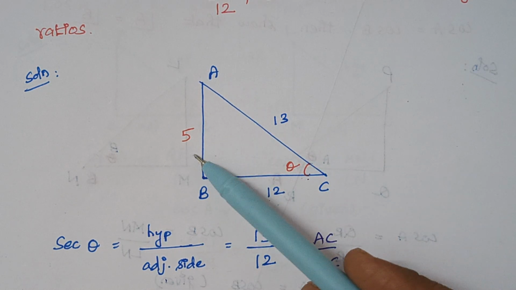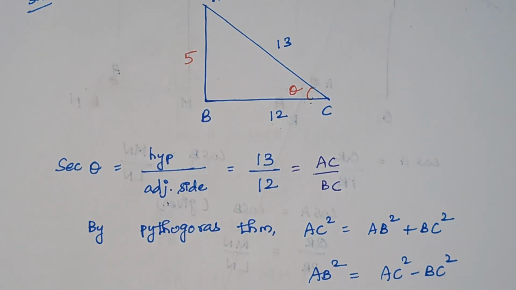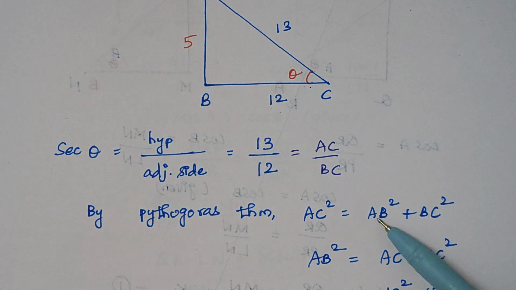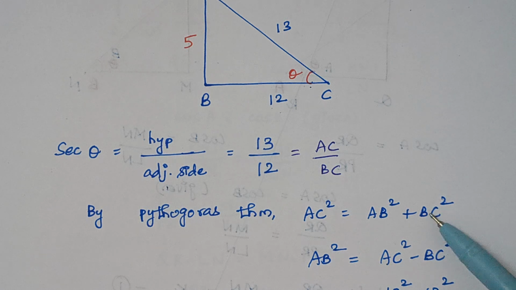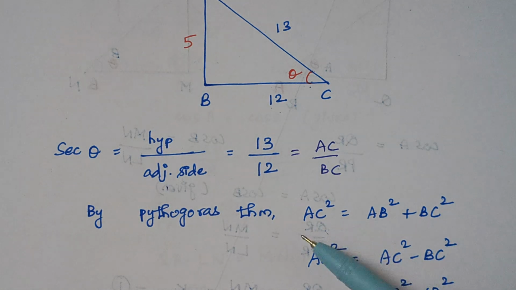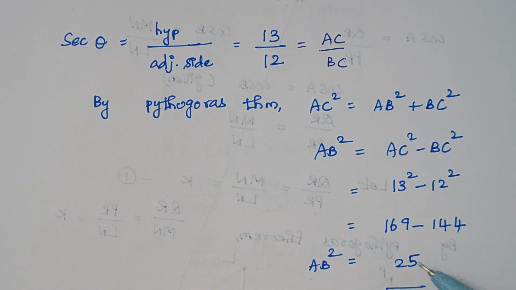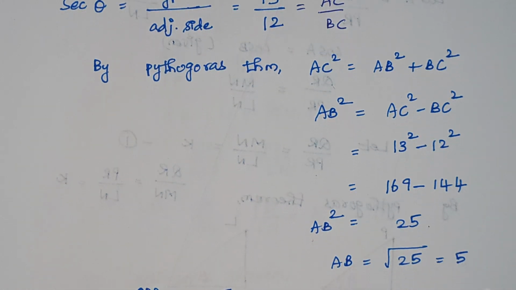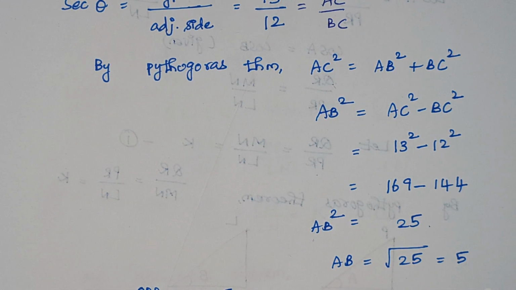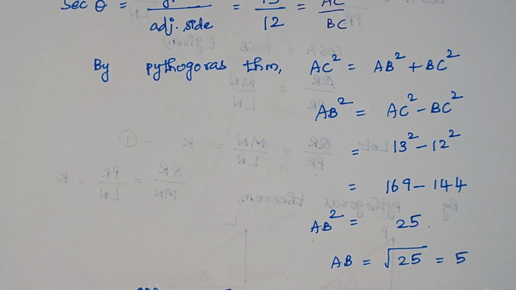So when you rewrite this expression, AB square is, moving BC square to the right hand side, AC square minus BC square. Just substitute the values here, and AB square is 25. Therefore the value of AB is 5, right? As I said, it's better to memorize all the values of square terms. That is 12 square is 144, 13 square is 169, and so on till 20. It will be easy.